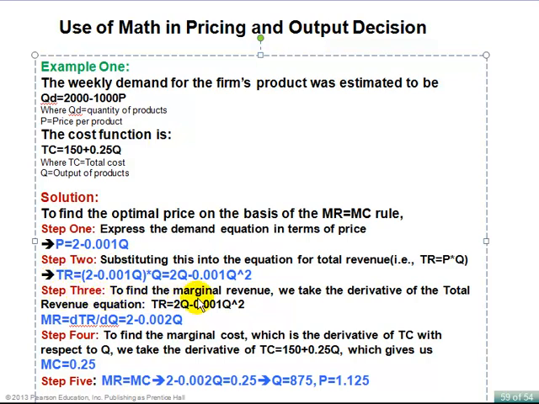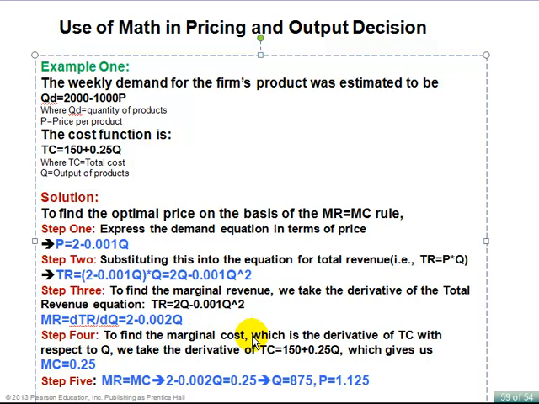Step 3. To find the marginal revenue, we take the derivative of the total revenue equation, the one we just got. TR, total revenue, is 2Q minus 0.001 Q square. So marginal revenue is 2 minus 0.002 Q. Step 4.